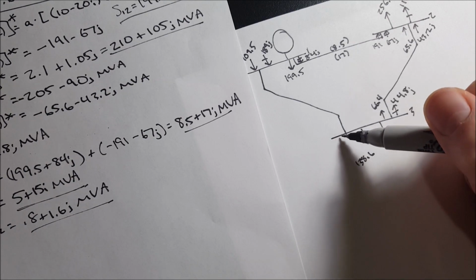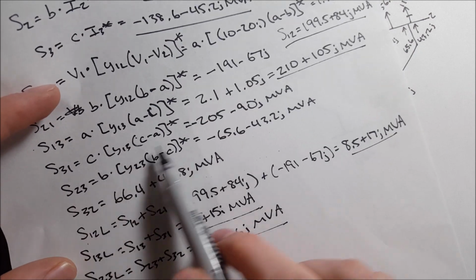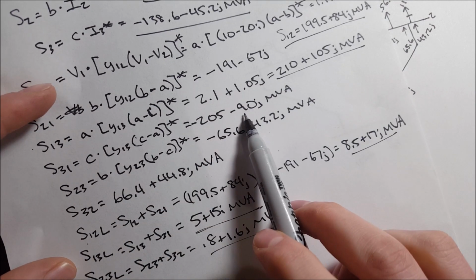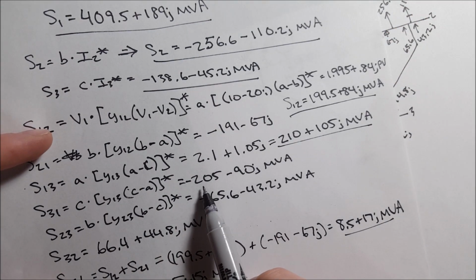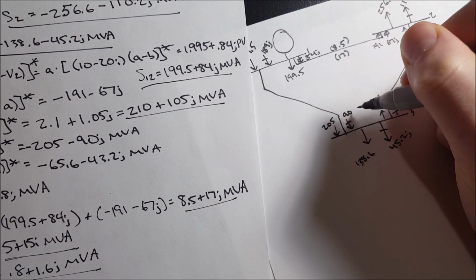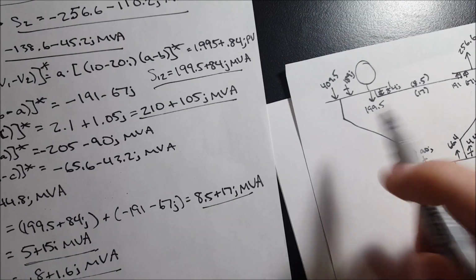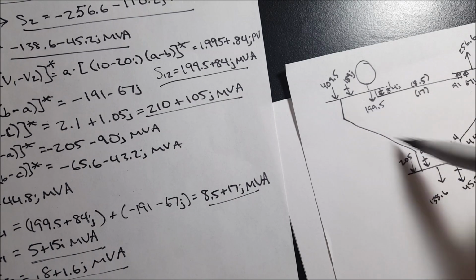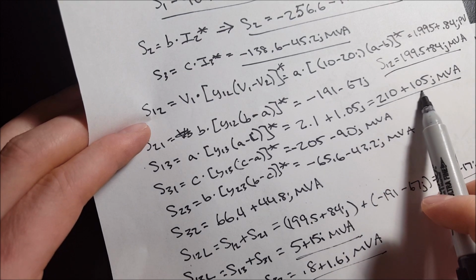And let's do 3 to 1. 3 to 1 is negative and negative, so it's going to the bus, and it's 205 and 90. And 1 to 3, we'd expect power to be going this way, but let's check ourselves here. It is 210 and 105.